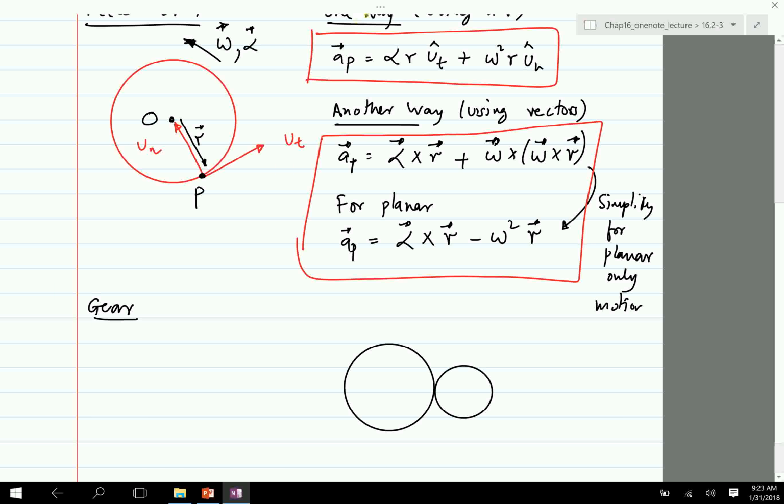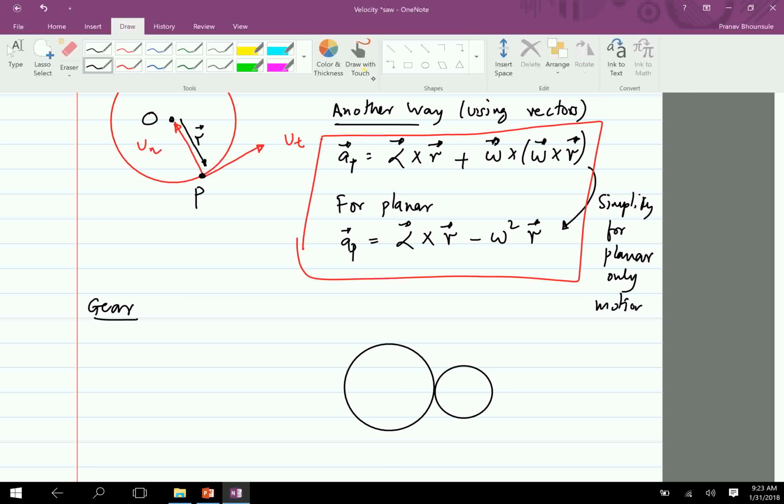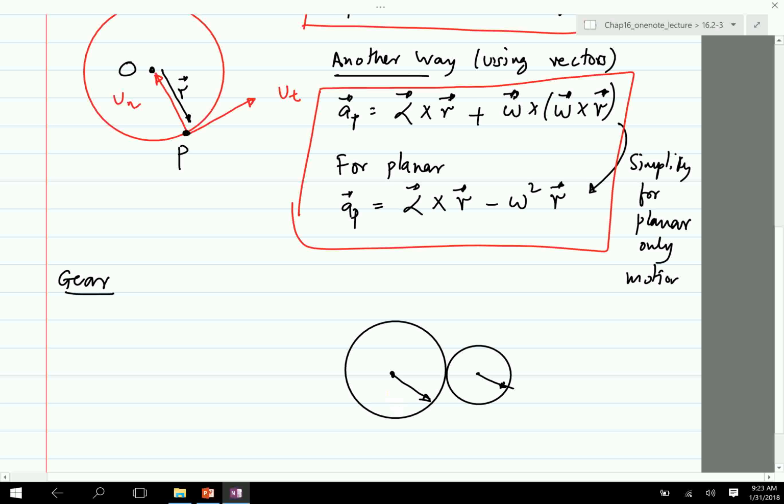For our practical purpose, it's okay to draw circles for gears. So these are two gears, and each of those gears has a radius. Let's call them RA, RB. One of them usually is the input gear, the gear which is connected to the motor. In this case, I'm assuming that this gear spins clockwise.